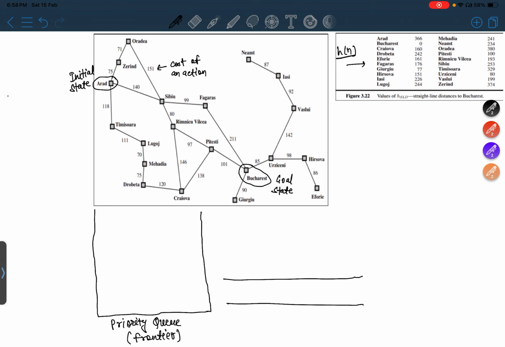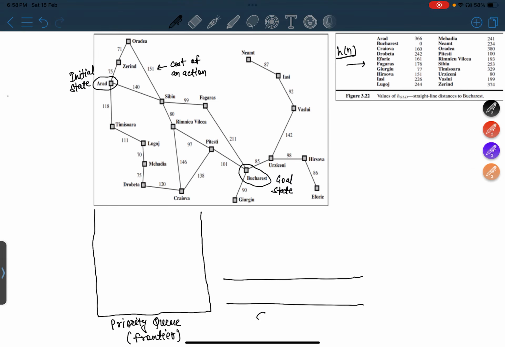So here we are writing priority queue, and this is the explored set. So this is my explored set.